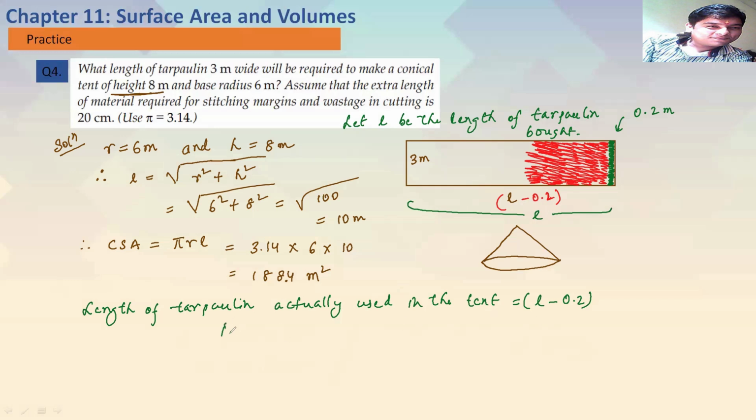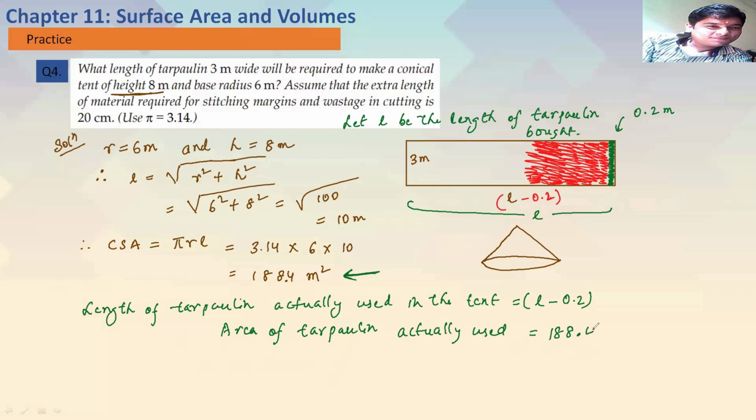Now, area of tarpaulin actually used, what is it? Tarpaulin actually used in the tent? What is it? Sir, L. No. Area is found out already. Area of tent, oh, area, okay, sir. 188.4 meters square.